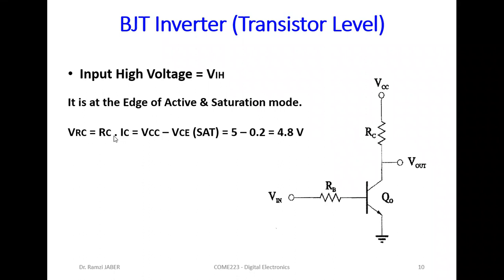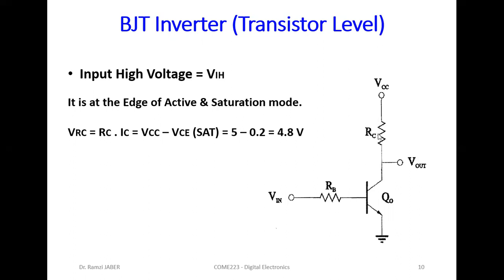So the voltage on RC equals RC times IC, which equals VCC minus VCE saturation, equal to 4.8 volt always in a BJT.